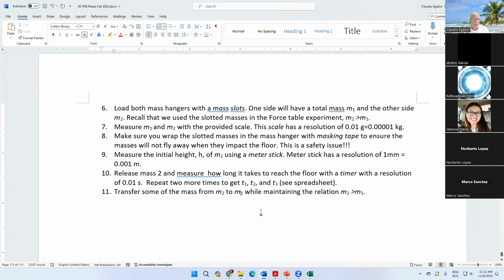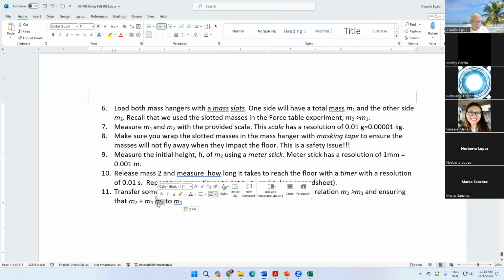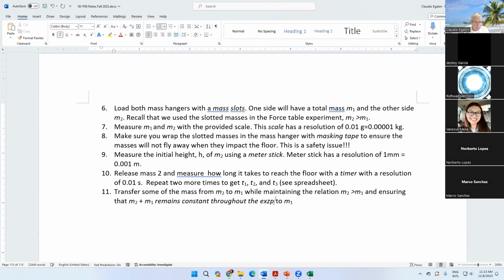Transfer some of the mass from M2 to M1 while maintaining the relation and ensuring that M2 plus M1 remains constant throughout the experiment. Okay, that's the key of this experiment.